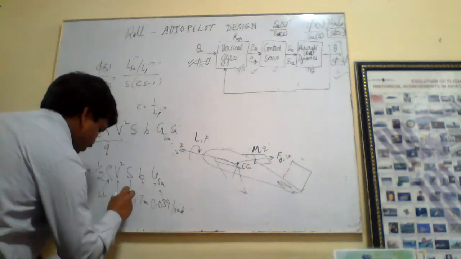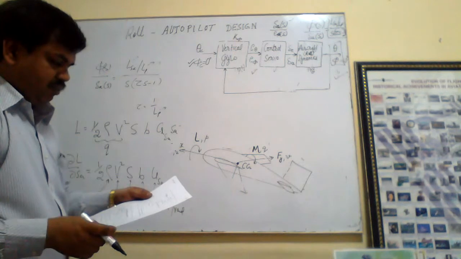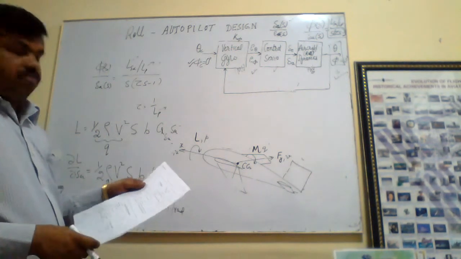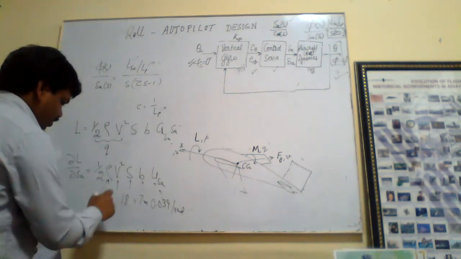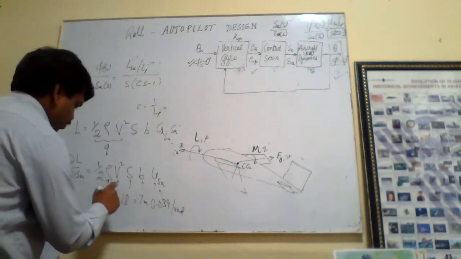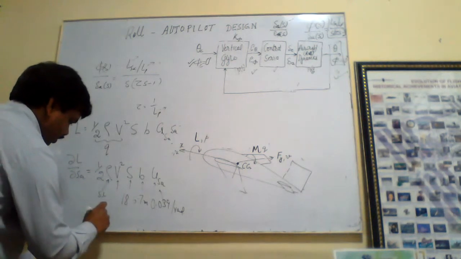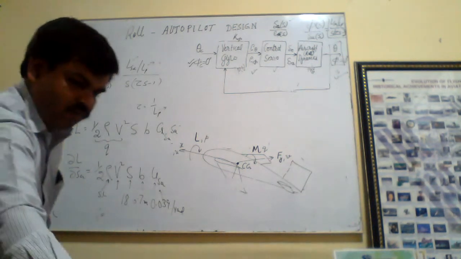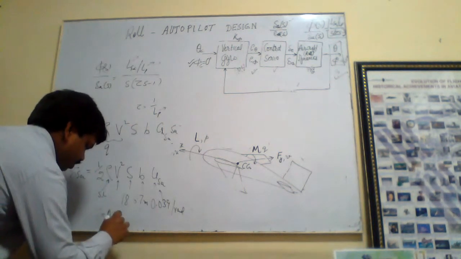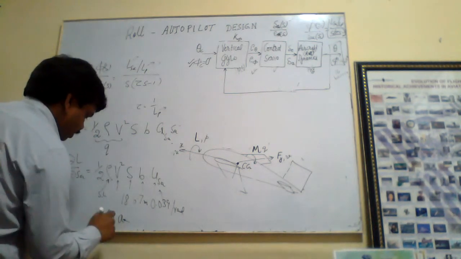All these values are given for the given aircraft, and it is said that for the velocity at which it has to fly, only the Mach number values are given. If the Mach number is given, you can convert it into velocity: V is equal to M, the Mach number, times A, the sound velocity.